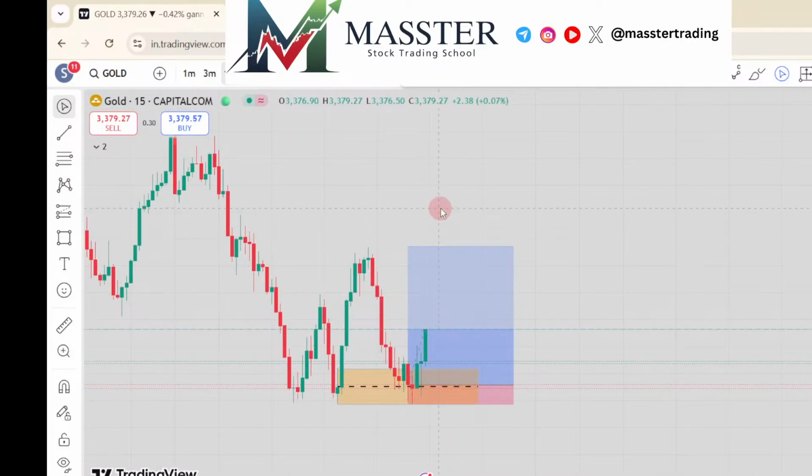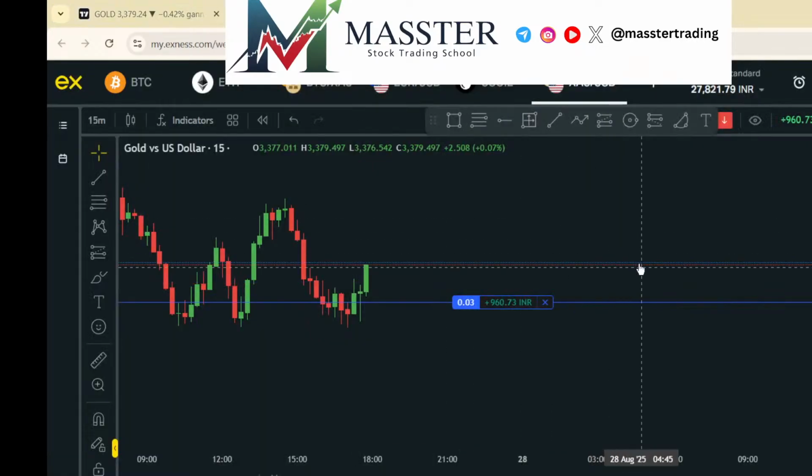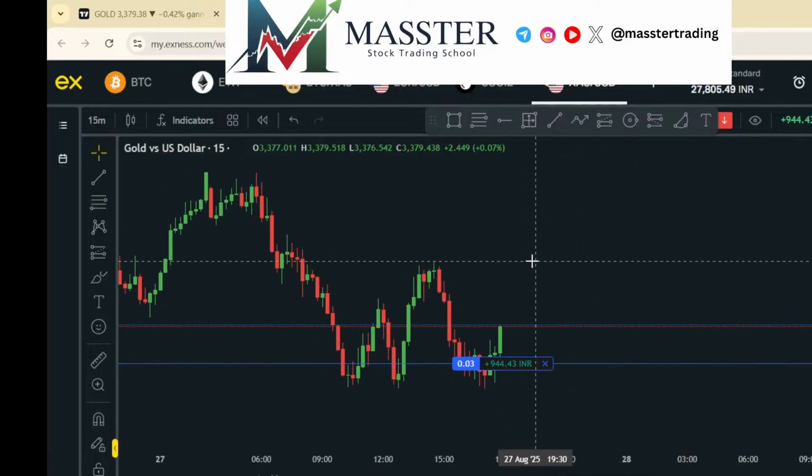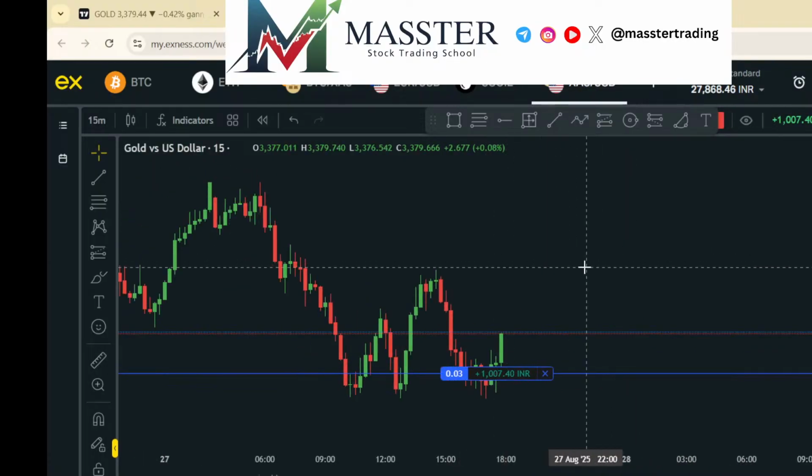So the rally on the upside is good. You can see in the Axis terminal it's showing much better profit, till now 1000.